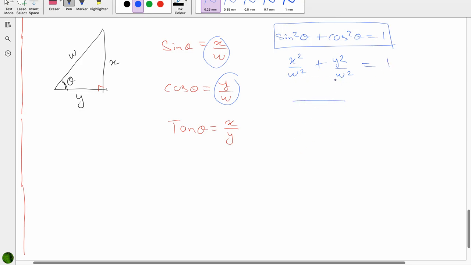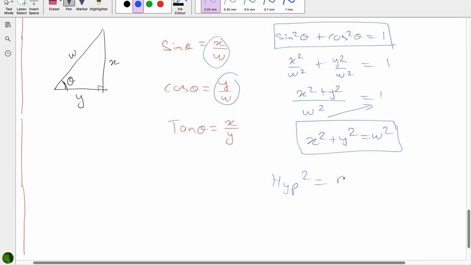So you take the LCM, that is w square: x square plus y square is equal to w square. What do we get? This is exactly the Pythagoras theorem. So hypotenuse square is equal to base square plus perpendicular square. So left hand side equal to right hand side, proved.